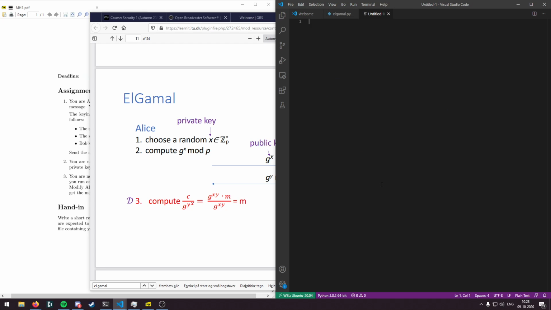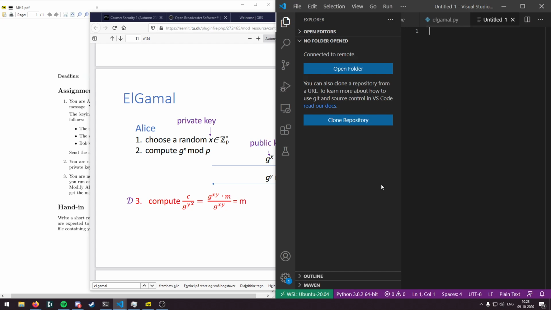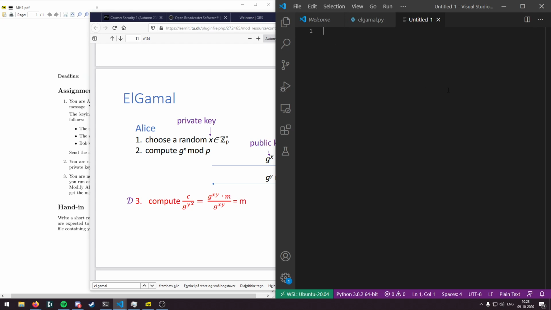We have our message m, and it's equal to some text, or it's equal to 2000. That's what we start with. Then we get the gxy, the key that we need to encrypt with, and this is also some number.